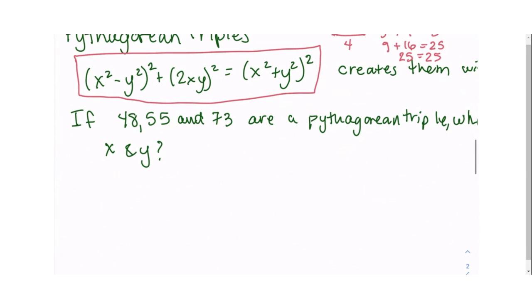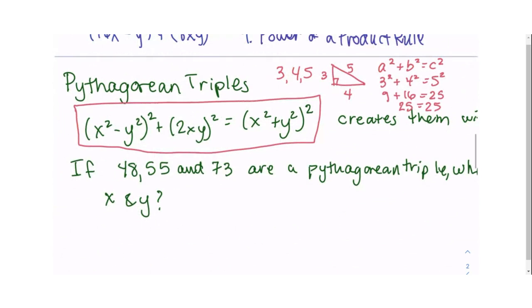Okay, and this is what it's saying. Let me break it down to basically a squared plus b squared equals c squared. This is the a, this is the b, and that's the c. So in other words, we would have x squared subtract y squared equals 48.